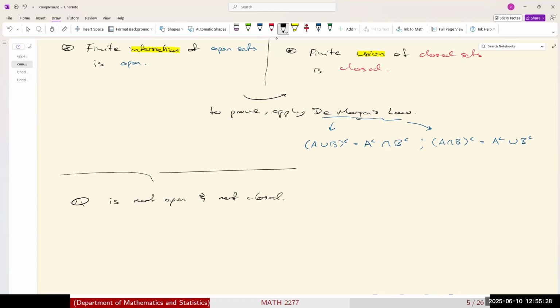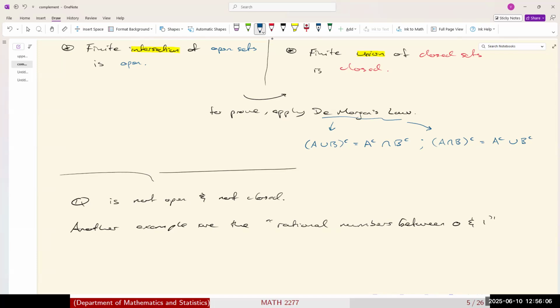Another example: just pick the rational numbers between any two real numbers you want. There are so many other sets that are not open and not closed. Rational numbers between, let's say, 0 and 1. This set is also not open and not closed.